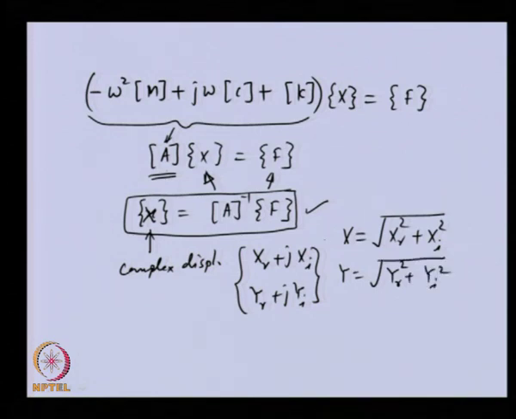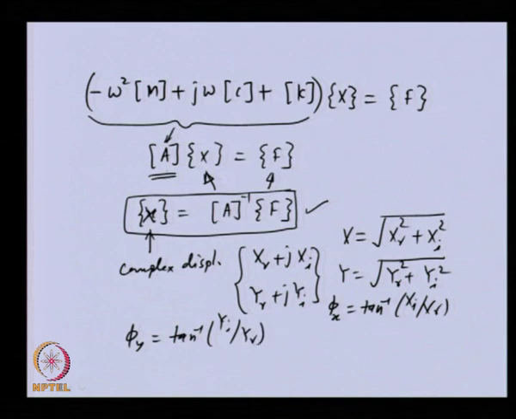These will be the displacement amplitudes in the x and y directions. Their phase can be obtained: the phase of the x displacement is tan inverse of x I divided by x r. Similarly, the phase of the y direction displacement is tan inverse of y I by y r.